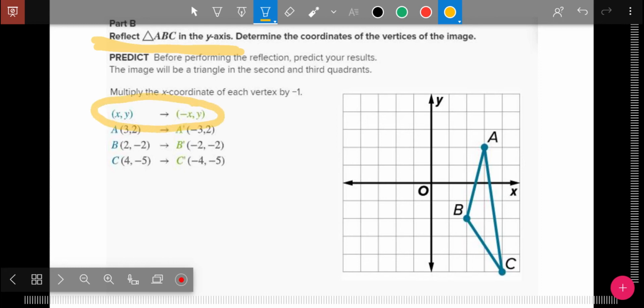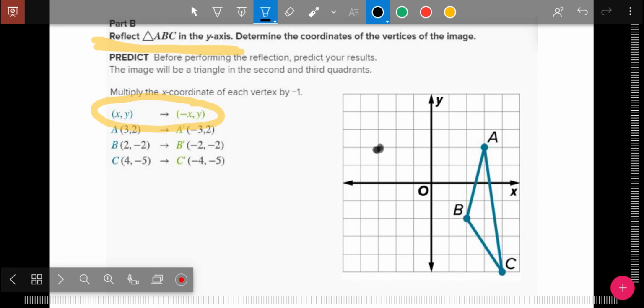(x, y) becomes (opposite x, y). So A image became (-3, 2). Opposite x, 3 became -3. 2 stayed 2. Y stayed y. So (-3, 2), left 3, up 2. So like right there.